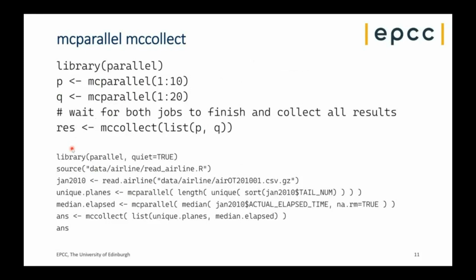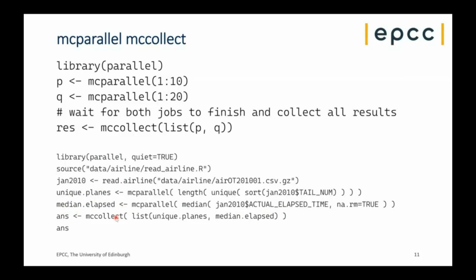Here's an example where we create two arrays or lists and then collect them together into a result, and we can do that in parallel. But in a more functional approach, something more useful, we can read some data in, then sort that data in parallel, and calculate the median of that data in parallel.